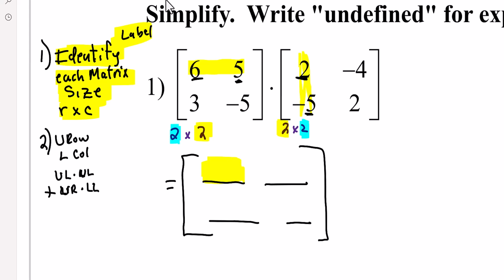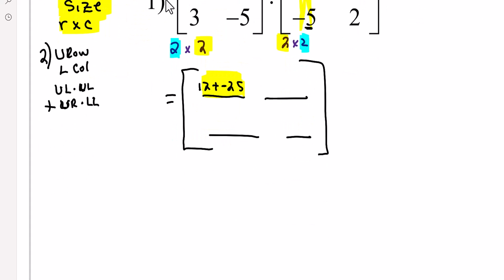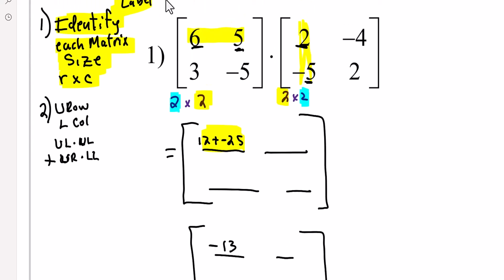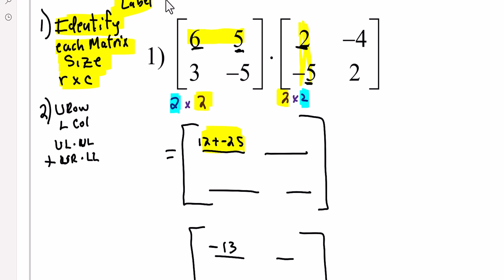So 6 times 2 is 12 plus 5 times negative 5 is negative 25. And then you're going to add those two together. So it looks like negative 13. Okay, so now we're going to do the upper right.